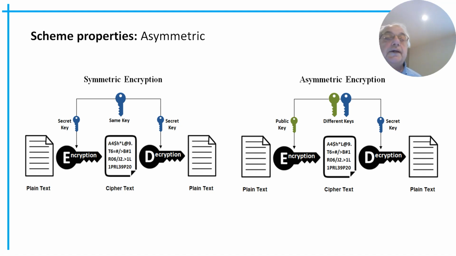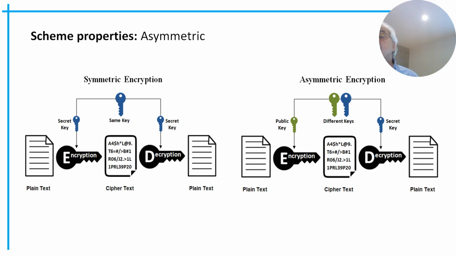Symmetric encryption employs a single secret key that needs to be shared between parties who need to exchange data. Therefore, anyone can decrypt the plain text by using the secret key. Asymmetric encryption employs two keys, eliminating the need to share keys.